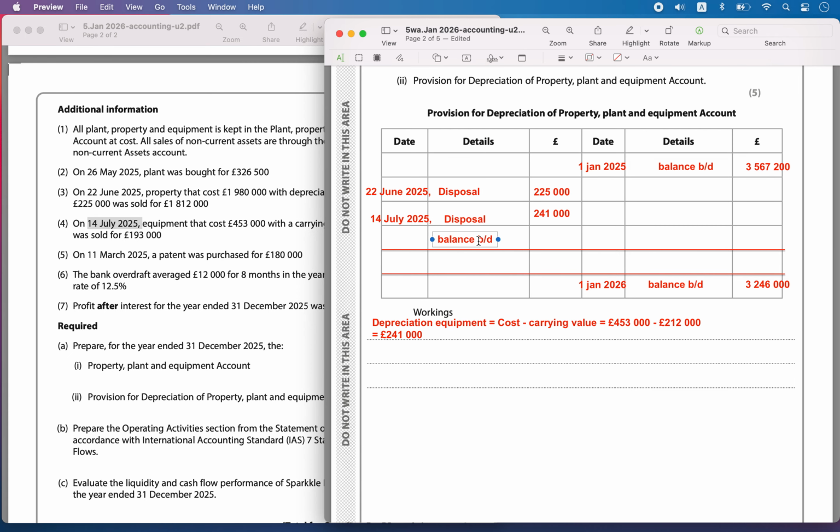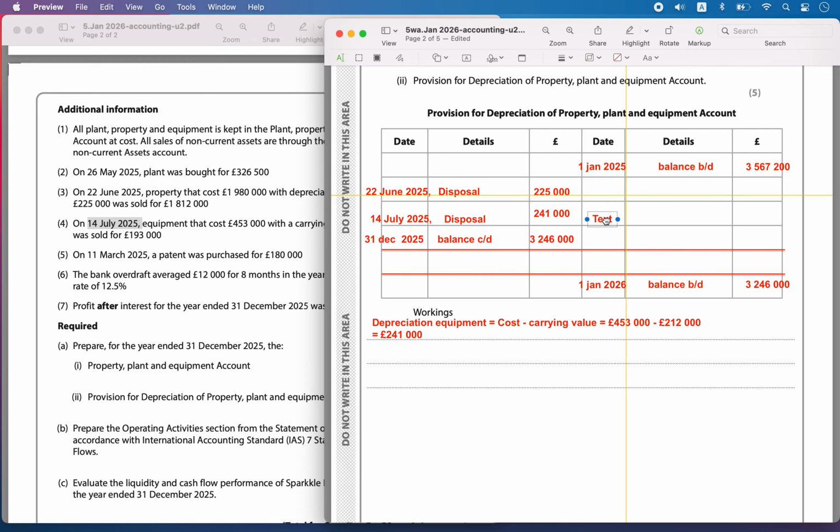Now this balance brought down will also become the balance carried down here as on 31st December 2025. So this amount will come on this side also.